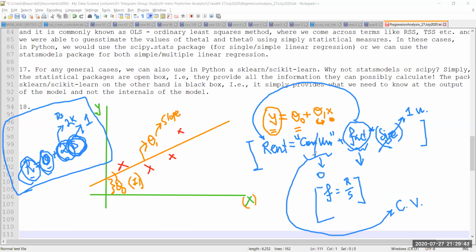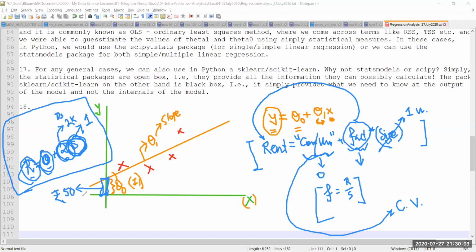There are certain variables which will always impact the outcome where I have no control. For example, in this case, this value of y, which is my intercept, is, let's say, something like 50 rupees.